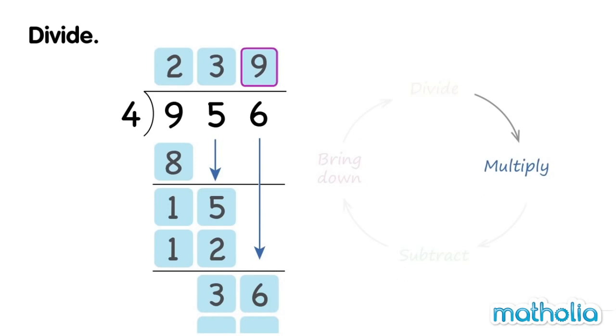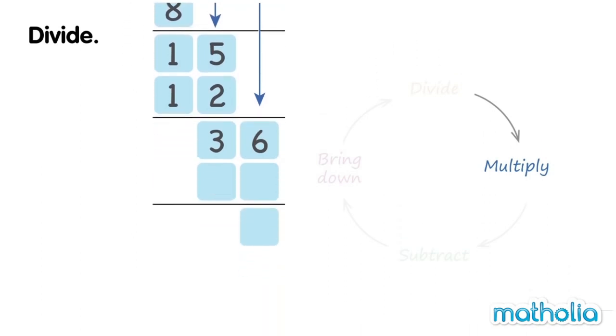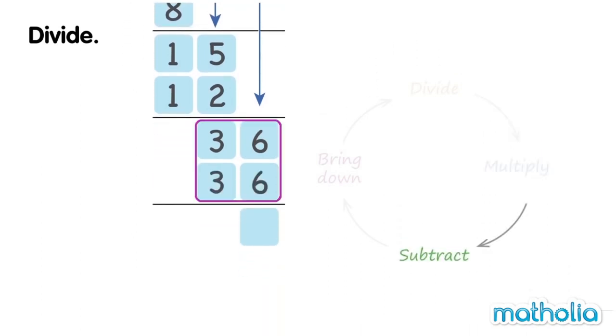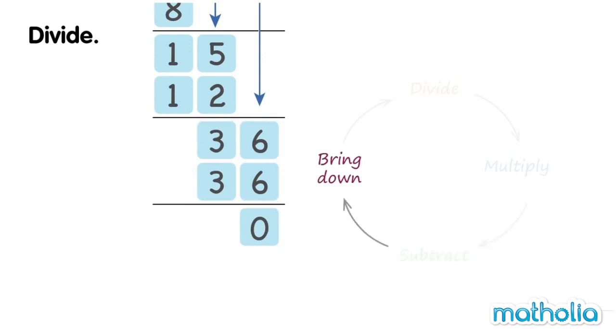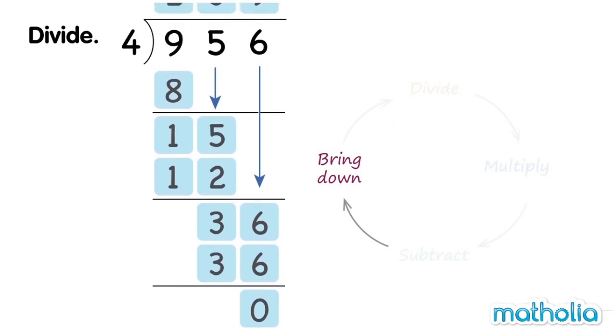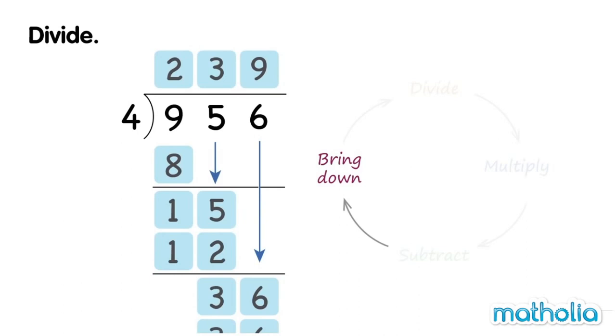Multiply. 9 ones times 4 equals 36 ones. Subtract. 36 minus 36 equals 0. There are no more numbers to bring down. We have finished dividing. 956 divide 4 equals 239.